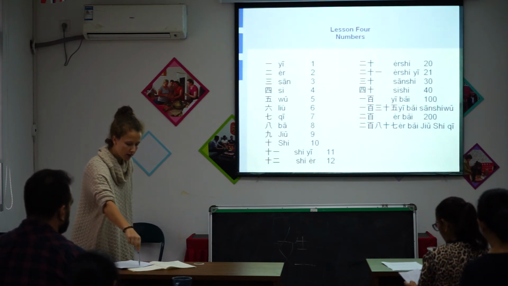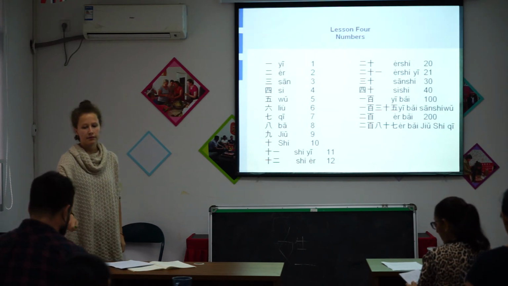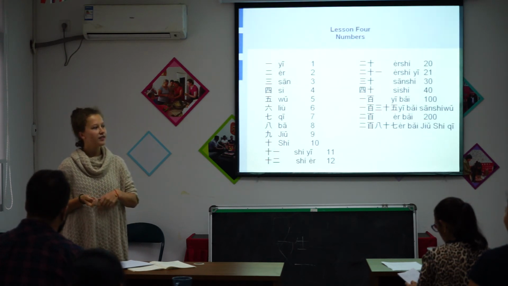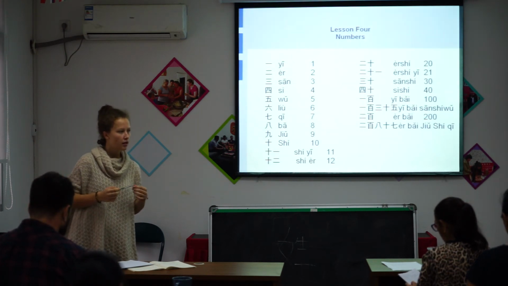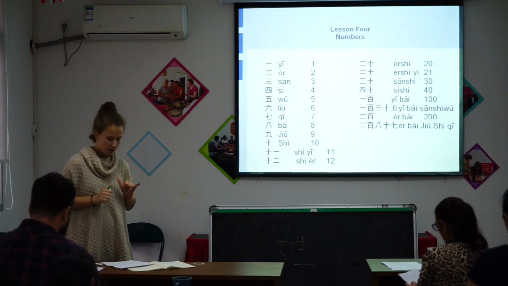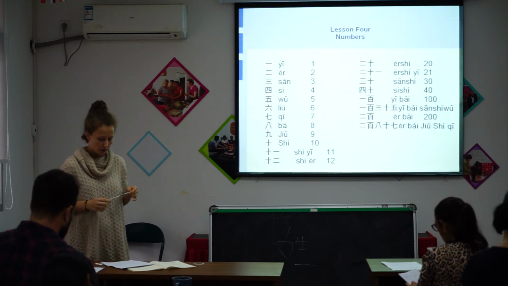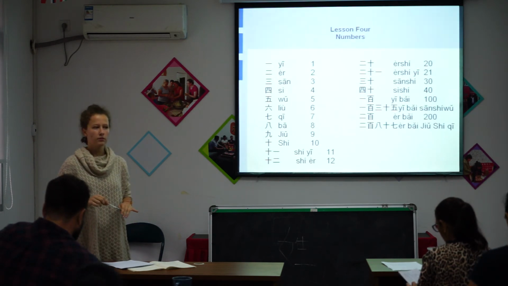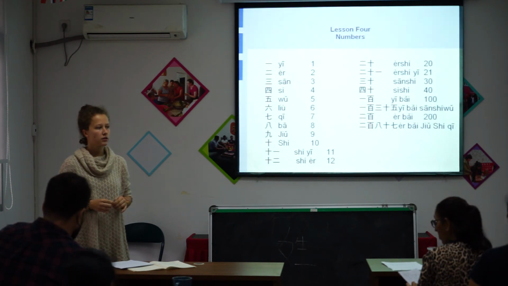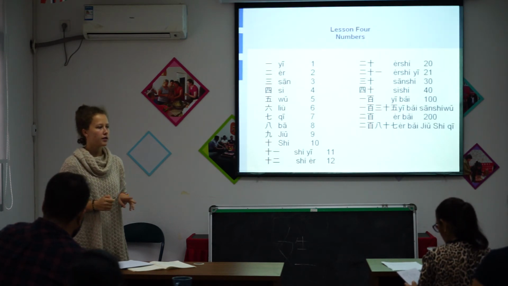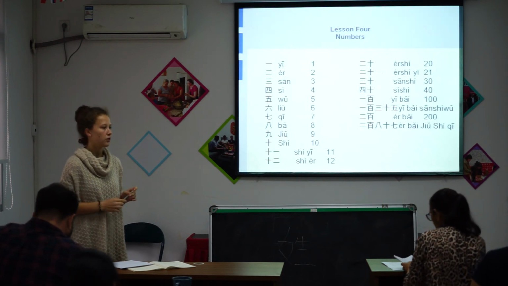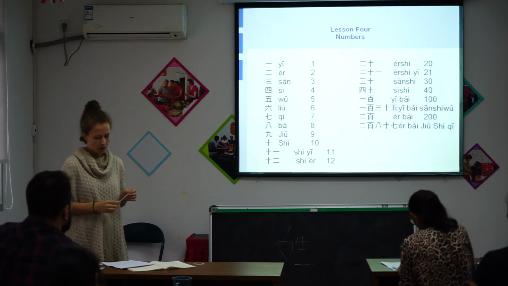Okay. And the second exercise. What was the first number? 36. Yes. How much is it in English? 36. Number 2. 752. 752. Yes.